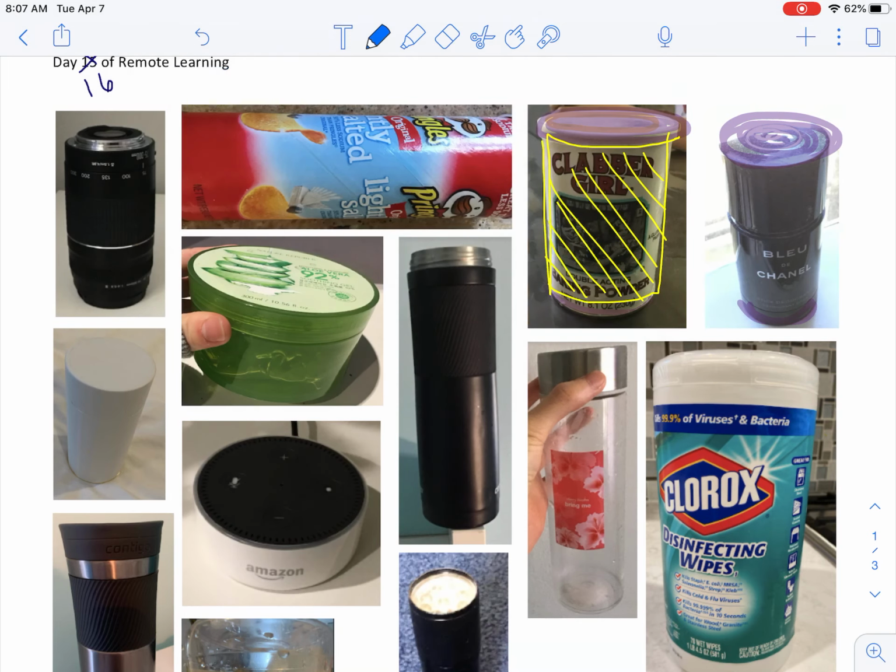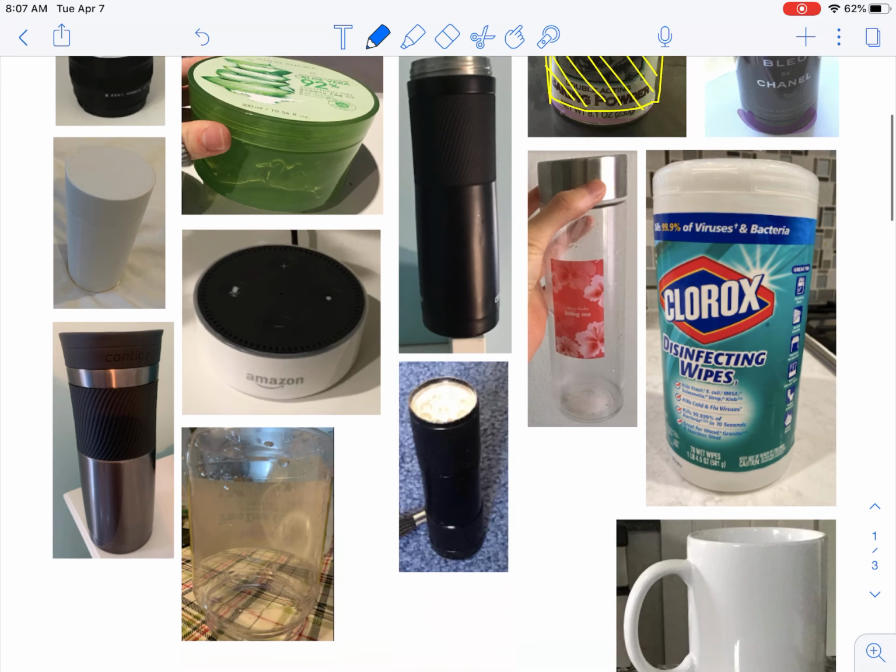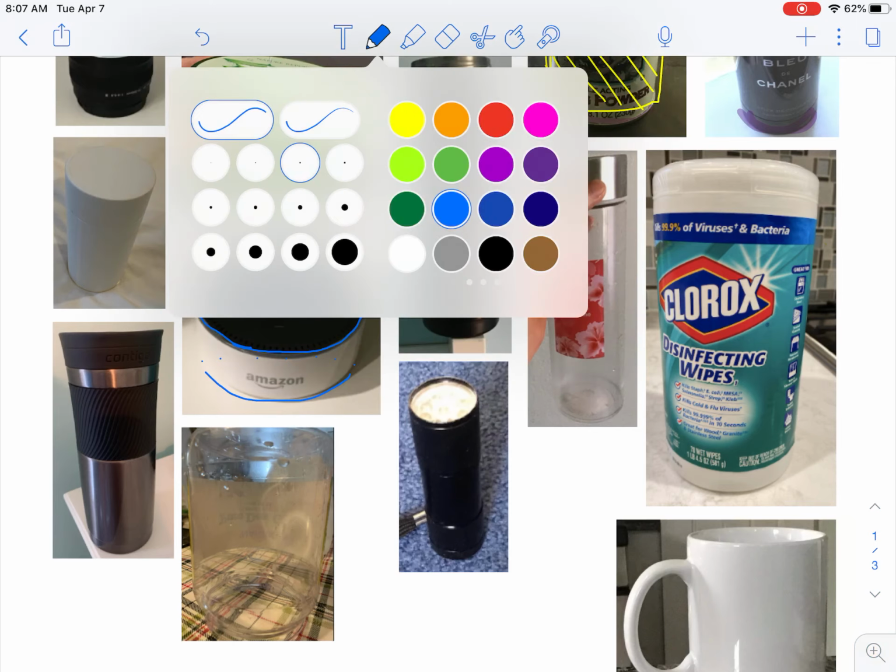Okay, so let's go through a couple more of these. If I look at the Alexa, I have a circle base on top, and of course there's going to be a base on the bottom.